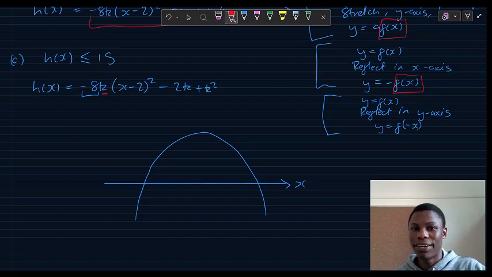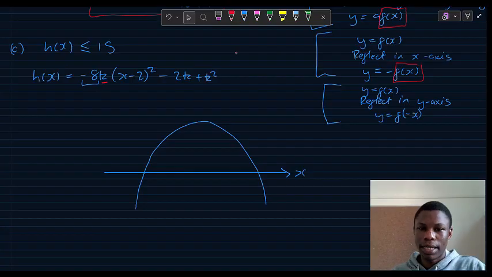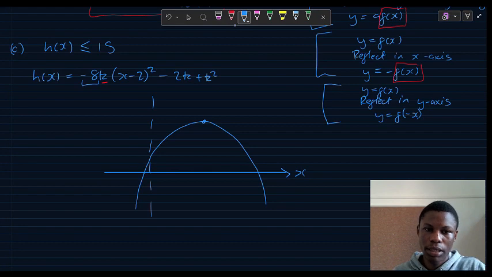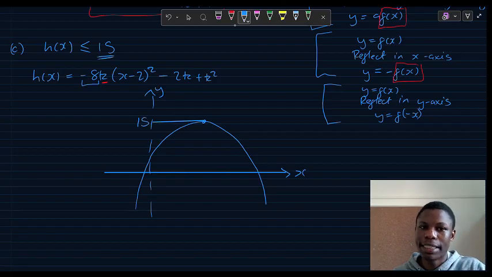So I know I'm going to have a sad face parabola, right? And I know that this point here, if I have a y-axis, is going to be 15 because I've been told that h of x is less than or equal to 15, which means that the maximum point on h of x is going to be at 15. But notice that the maximum point is a turning point.